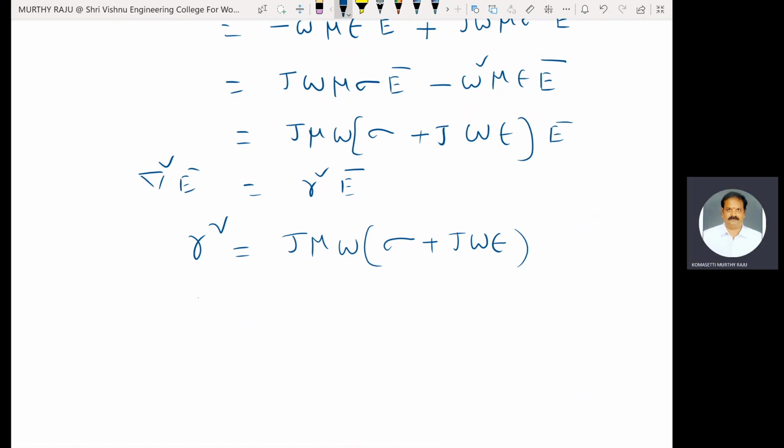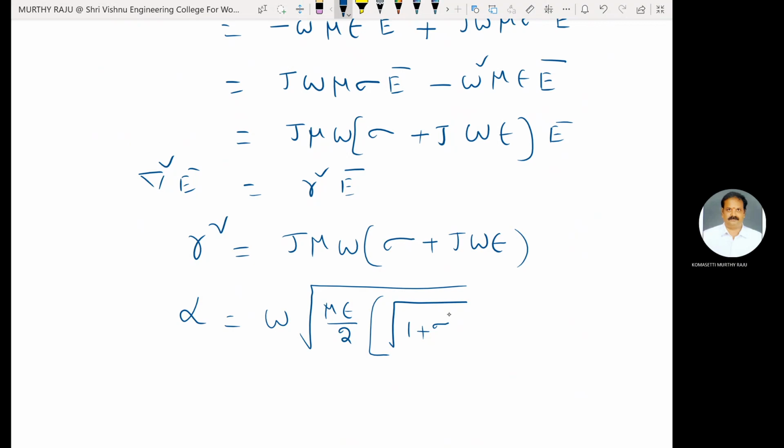Next, the attenuation constant alpha is equal to omega square root of mu epsilon by 2 times square root of 1 plus sigma square by omega square epsilon square, minus 1.